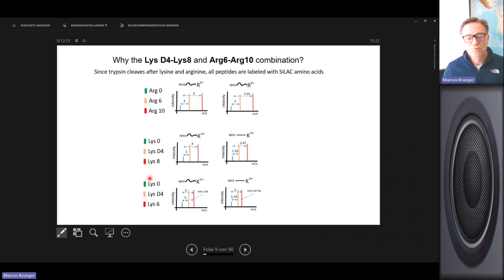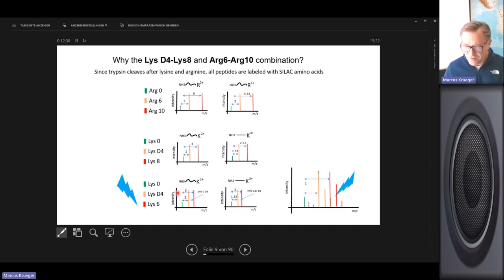However, some people also use the combination of lysine 0, D4, and lysine 6. The problem here is if you use lysine 6 as the heavy amino acid, which might be okay. However, if we have only 1 Dalton difference here, because our peaks appear not as a single peak, but as a kind of an isotopic envelope, right? As an isotopic pattern.